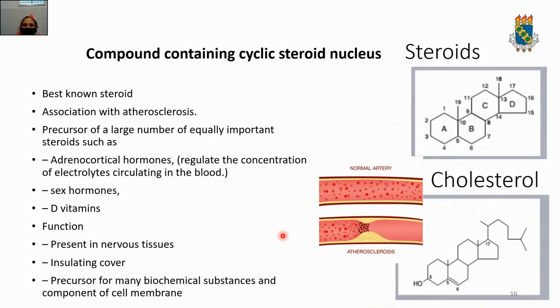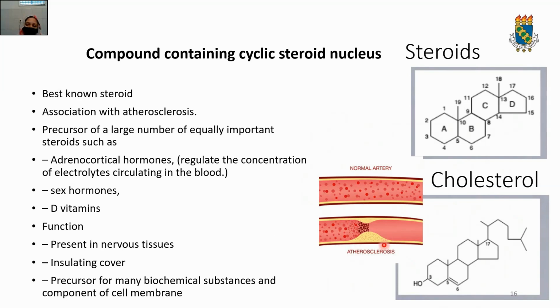So one of the derived lipids that are very common, they contain the cyclic steroid nucleus in their structure, best known steroid among them, and they have association mostly with atherosclerosis. What is atherosclerosis?